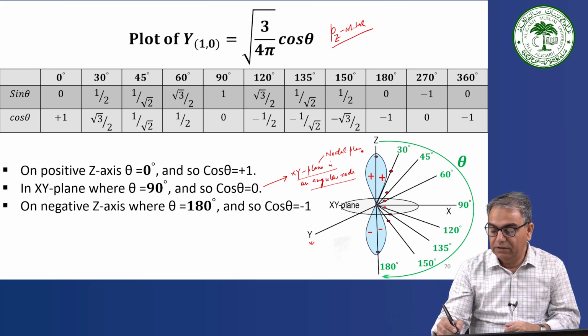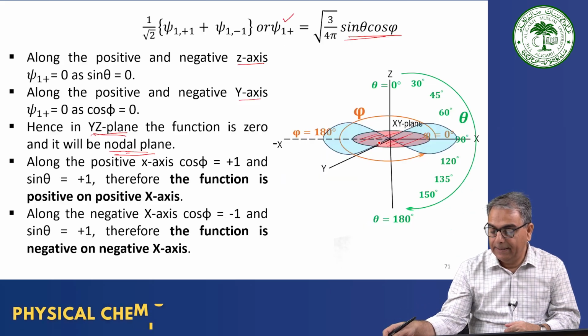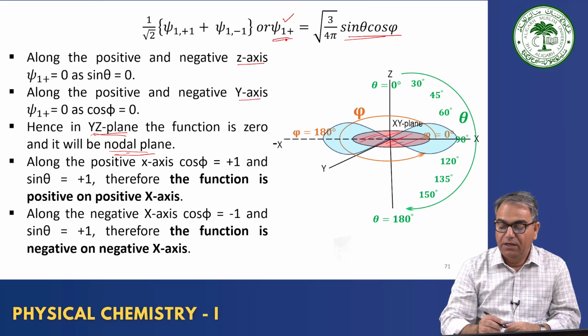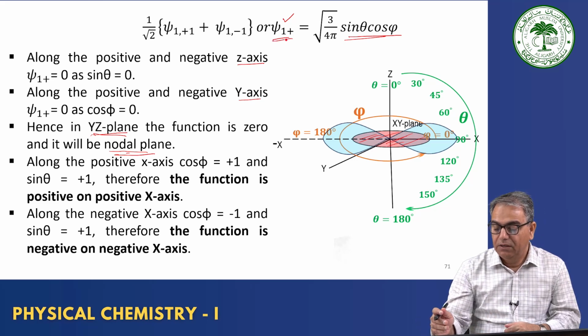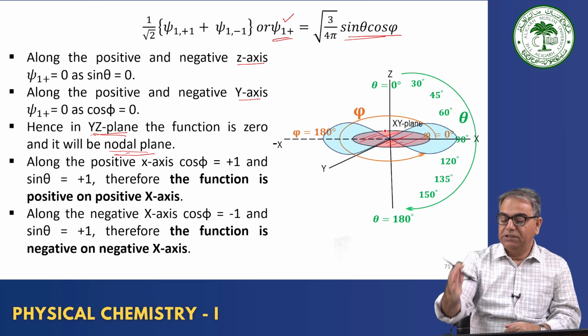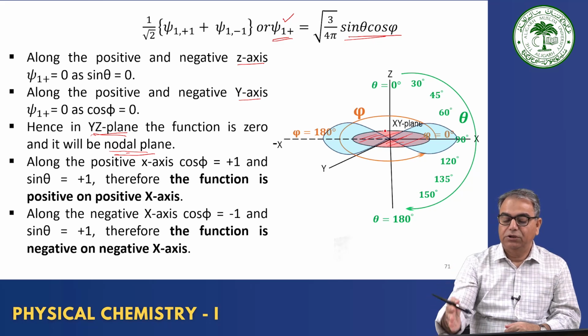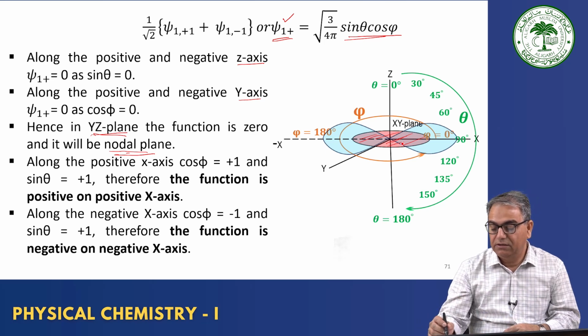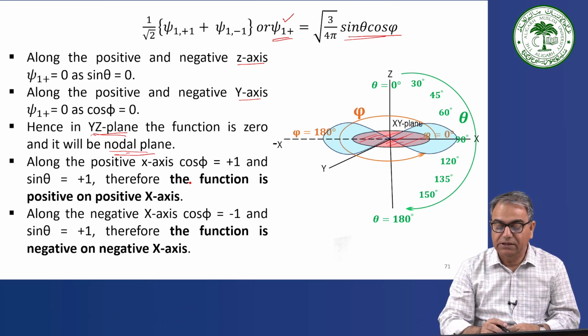In the case of Y1 plus, psi 1 plus, which is a positive combination, the YZ plane is this plane, where the function is 0, and it is the nodal plane. Now see, along the positive x-axis cos phi is equal to plus 1 because phi is equal to 0.